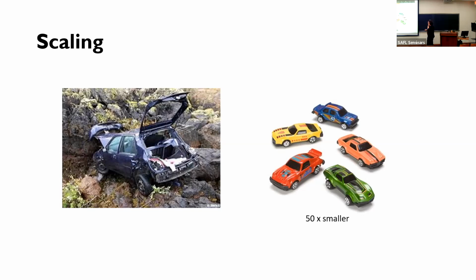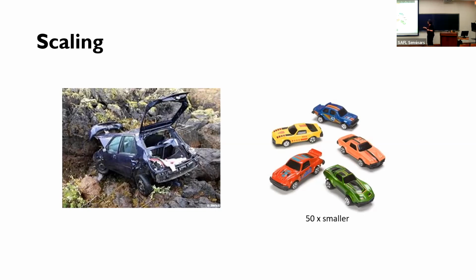And I think a good example about scaling is talking about toy cars. We've all played probably with toy cars at some point, or at least seen them. I think it's fair to say that toy cars are a pretty good representation of how an actual car looks. So they're scaled pretty accurately with respect to their dimensions and how they look.